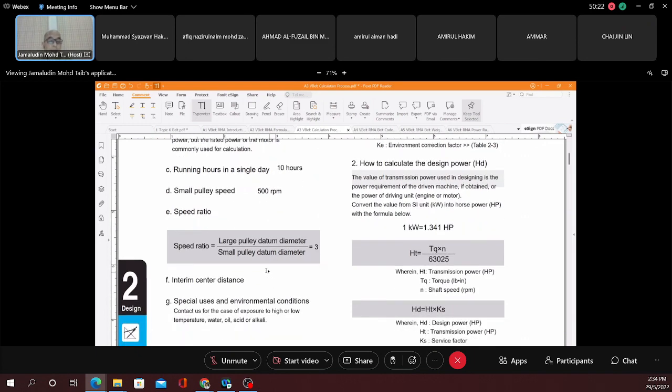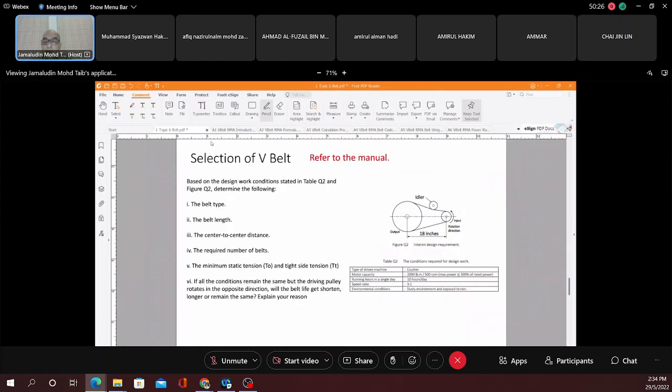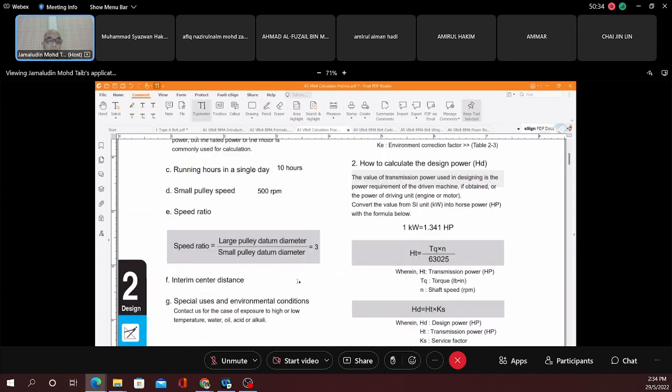Interim center to center distance is given here, roughly estimated initially at 80 inches.